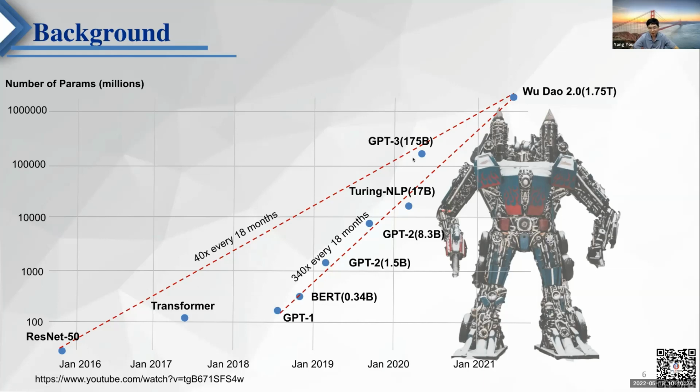Today we have something like GPT-3 or OPT, Facebook's OPT. According to OpenAI, the number of parameters of our leading AI models increases roughly 40 times for every 18 months. And if we count from 2019 to today, they increased roughly 340 times for every 18 months. That's very crazy, I think.